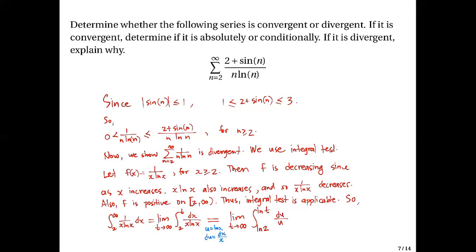Still following? So this is equal to the limit as t approaches plus infinity of ln of the absolute value of u. Okay? And we evaluate this at u equals ln of 2 and u equals ln of t.